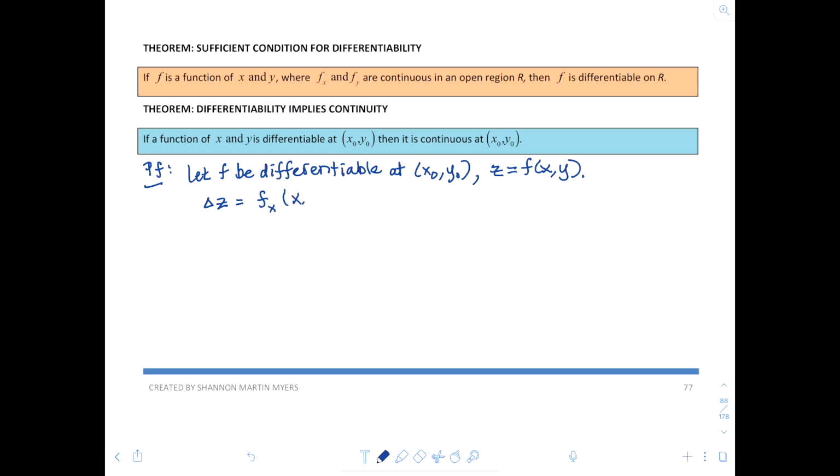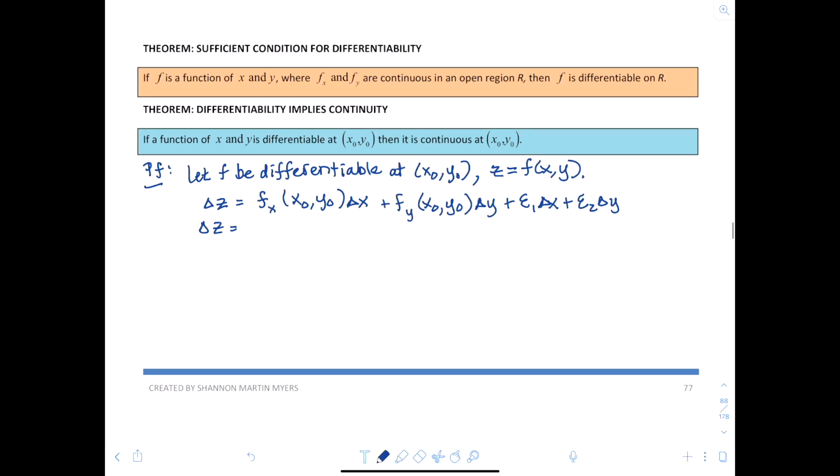fx of x0, y0 times delta x, sorry, plus fy at x0, y0 delta y, and then plus epsilon 1 times delta x plus epsilon 2 times delta y. But how could we rewrite that? Let's rewrite that where we put the delta x's together and we put the delta y's together.